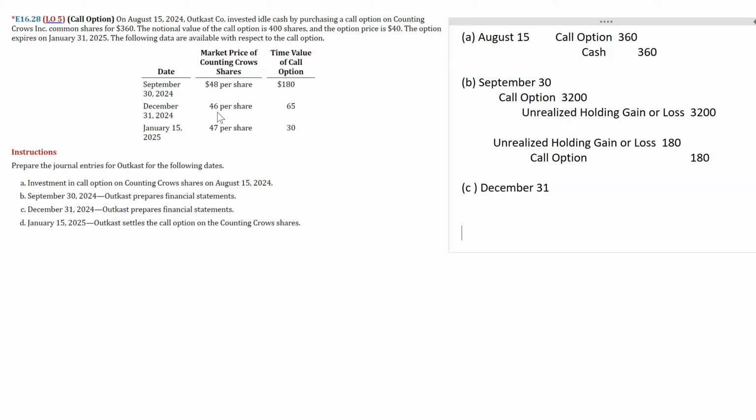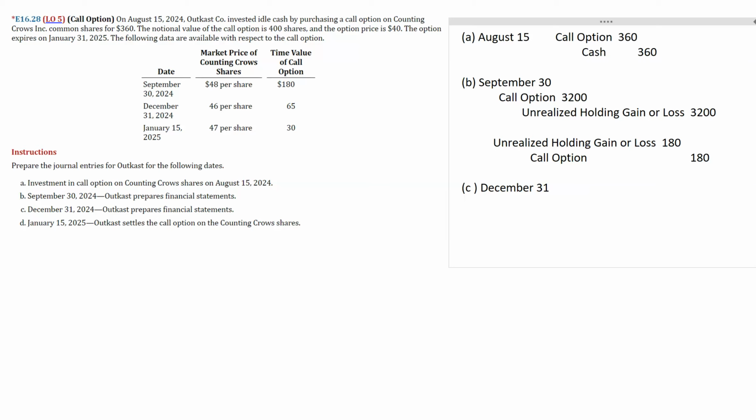Remember, when you want to purchase something at a lower price, if the stock price goes up, you will make a gain. Option price will also go up because you have the right to buy the same stock at a lower price. But if a stock price goes down, option price also goes down, and it's a loss. So this $2 per share multiplied by 400 shares, we will debit it as unrealized holding gain or loss.